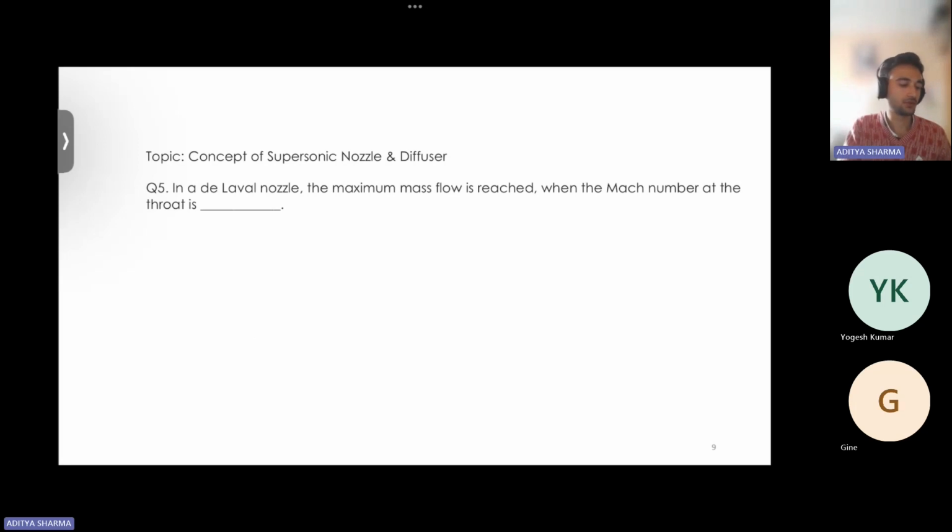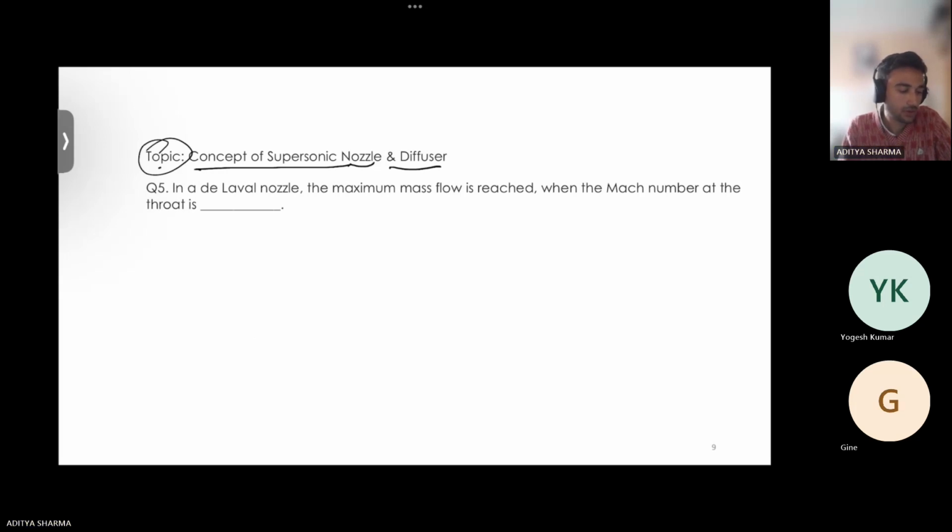So this question is based on the concept of supersonic nozzle and supersonic diffuser. I have briefly touched upon this in the topics covered, either in lecture 8 or lecture 9.